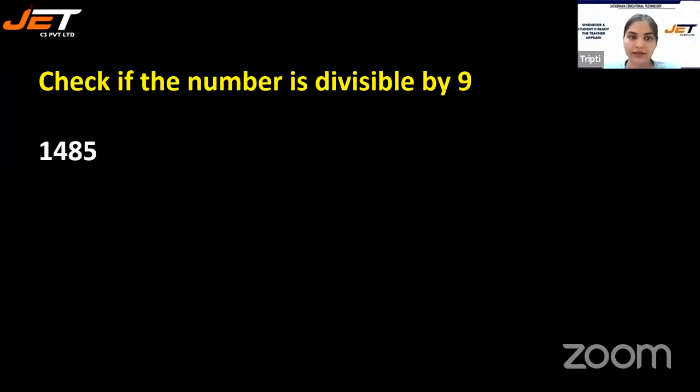I hope it's done. 1 plus 4 plus 8 plus 5. 1 plus 4 is 5. 5 plus 5, 10. You know what I do to add? I try to make pairs. There are some friendly pairs over here. So 1 plus 4 is 5, 5 plus 5 is 10.